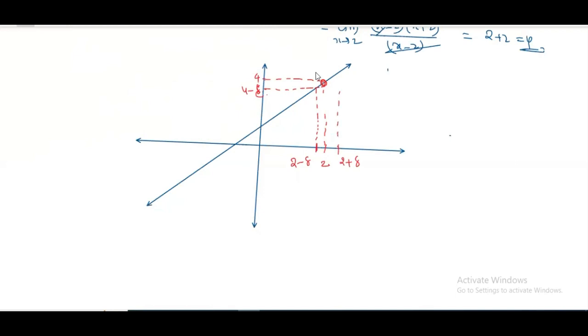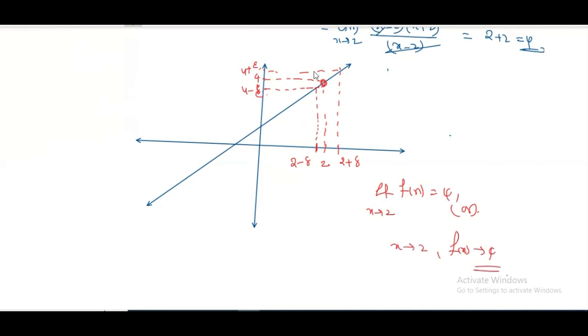At 2 plus, it will be around 4 plus some epsilon, that's a small difference. So how can we write this? The limit x tends to 2 of f of x is equal to 4. Or we can write, when x is tending to 2, f of x is tending to 4.